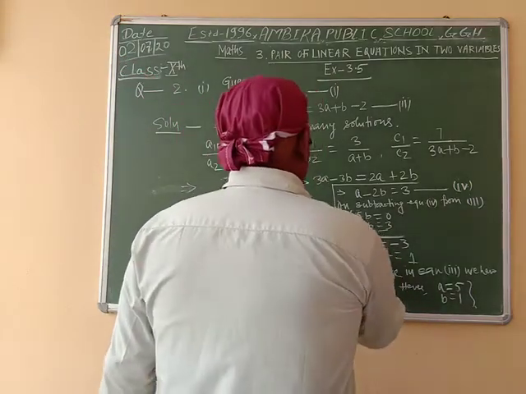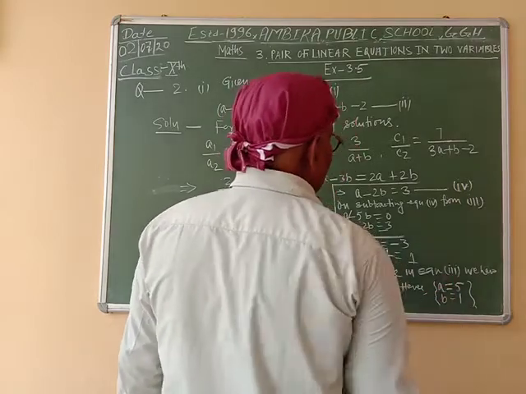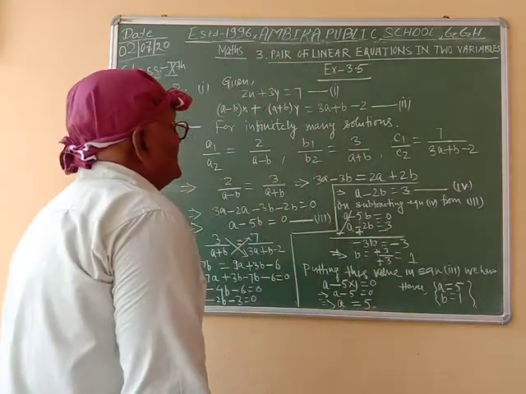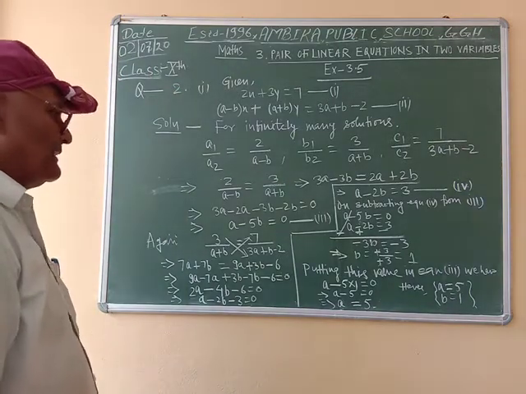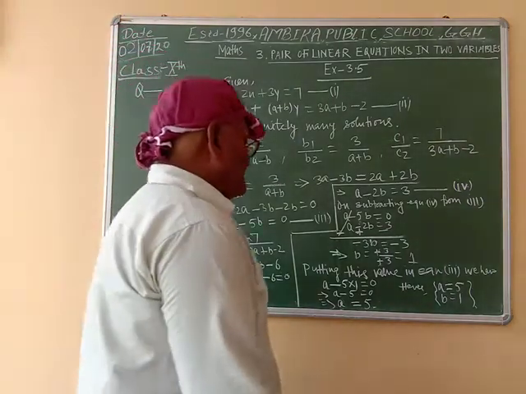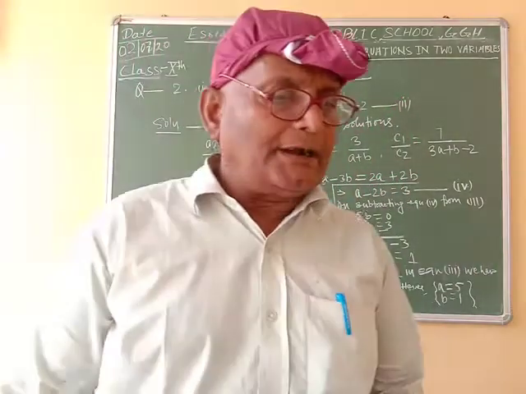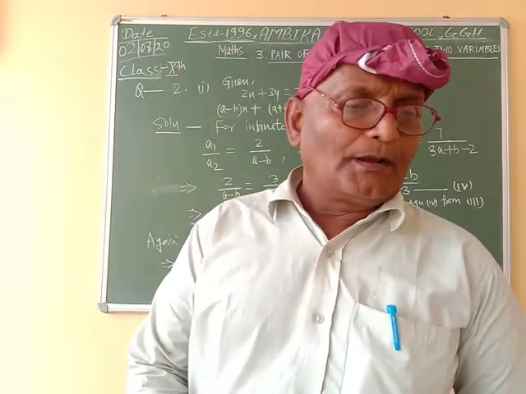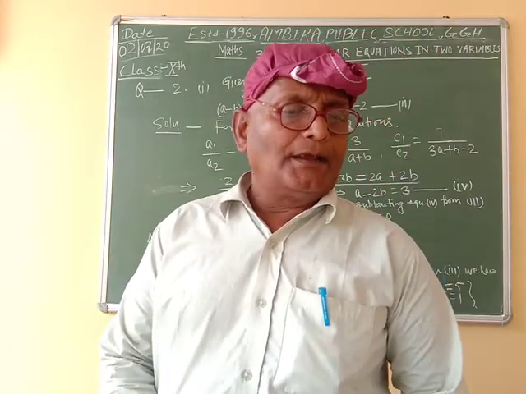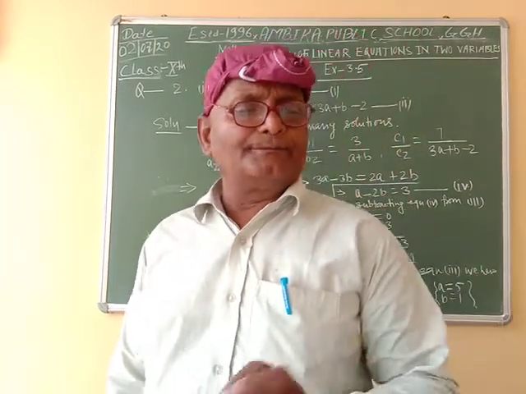We have solved. We have to find the value of a and b for which the given pair of linear equations have infinitely many solutions. So in this way you can find it. Similarly, question 2 of the next part: for which value of k will the following pair of linear equations have no solution?